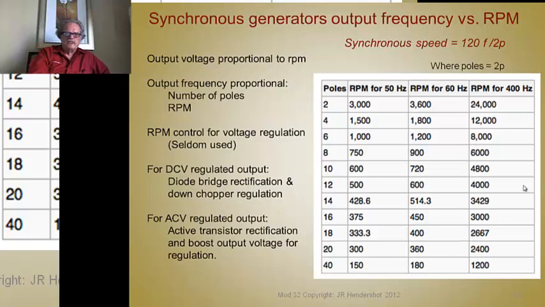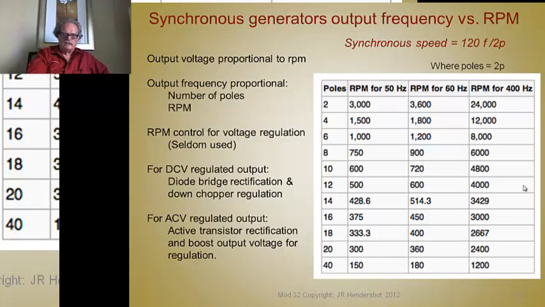The synchronous generators, of course, are frequency dependent. The frequency of the voltage generated is a function of the speed. Here's a list at different frequencies of speeds that you drive the generator at for different number of poles, and it tells you what resulting frequency you get.